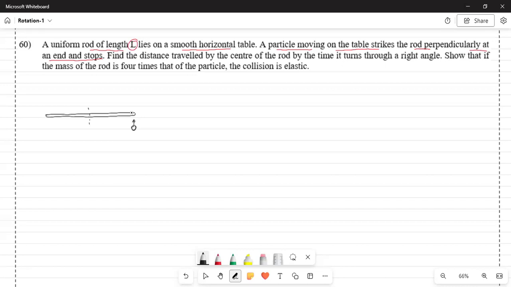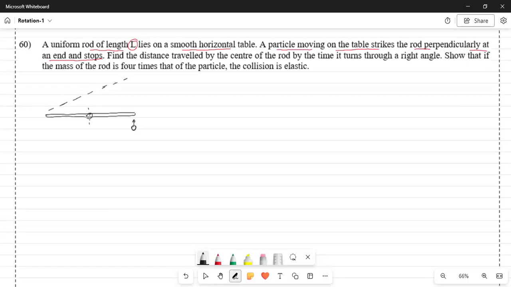The rod's motion will be both translational as well as rotational. The new position of the rod may be something like this, maybe after some time the rod may take this kind of position.